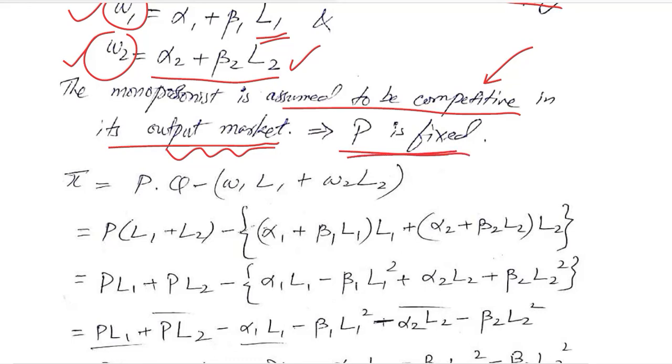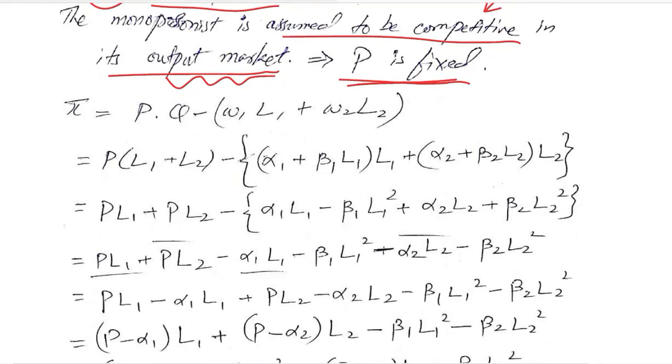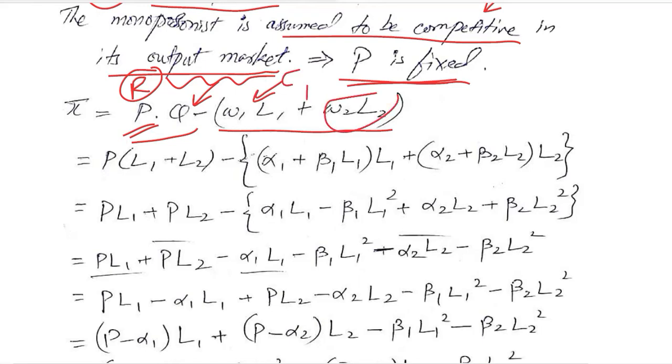So we are taking that certain price level with the output that it can sell and get this much revenue. And this is the cost, and cost has two components. This is the cost for the first kind of labor, and this is the cost for the second kind of labor. This is Q, so we are going to put Q here.